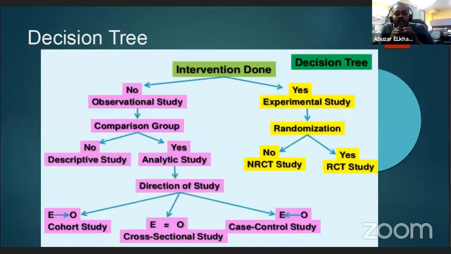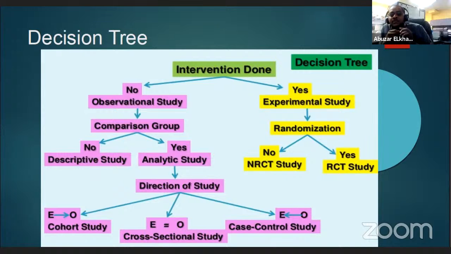So we have this decision tree. It divides a study based on interventions. If we have done any intervention, we call the type of study an experimental study. If we haven't done any intervention, we call it an observational study. We do not intervene, we just observe.